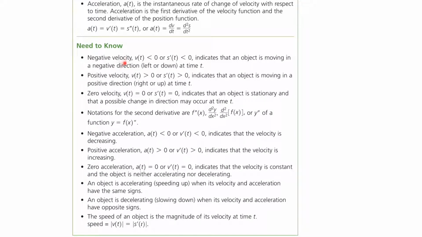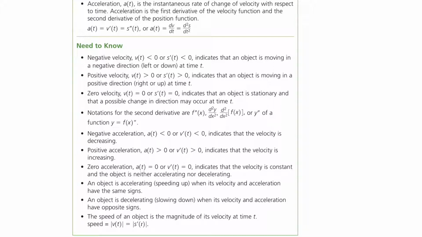Negative velocity indicates that the object is moving in a negative direction, left or down, at time t. Positive velocity indicates the object is moving to the right or up, the positive direction. Zero velocity, or s prime of t equals 0, indicates the object is stationary, and that a possible change in direction may occur.